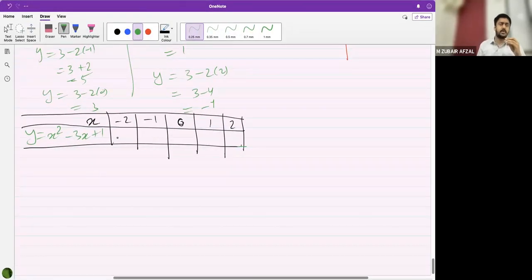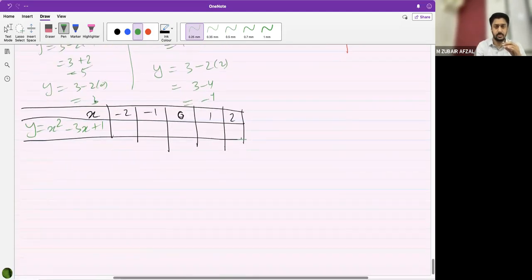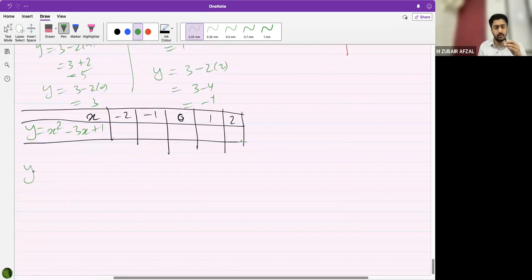To draw this graph in exam, you'll have around 6 to 8 minutes, which is more than enough. So actually what is going on in my mind, I can't show you that, but I can write it on paper. So that is why you might feel that it is a lengthy question, but in exam, what would I be doing? Y is equal to x squared minus 3x plus 1, right?